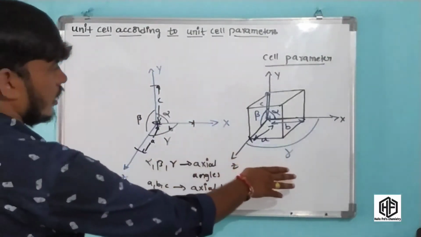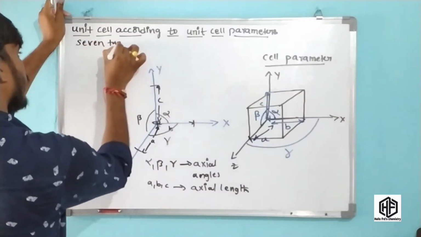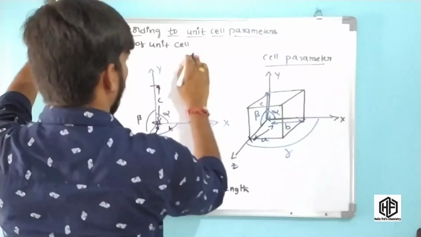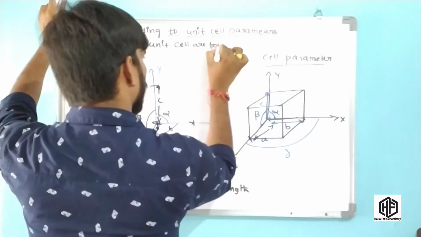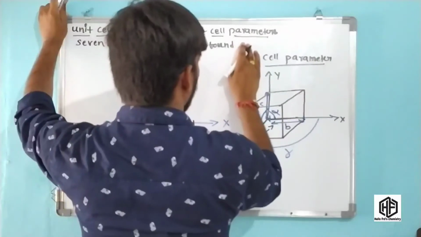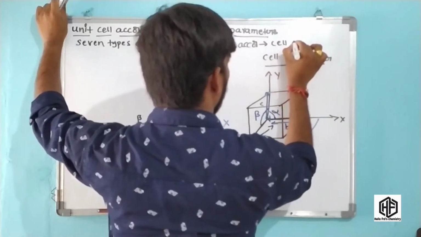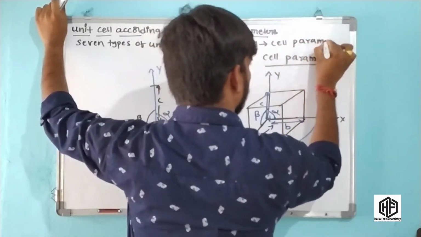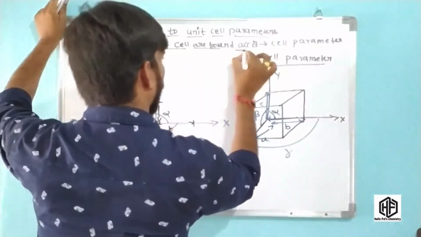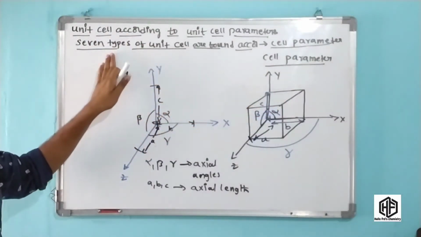Okay, friends, 7 types of unit cell are found according to cell parameters. Cell parameters, this is very important, friends. With respect to cell parameters, unit cells are of 7 types.